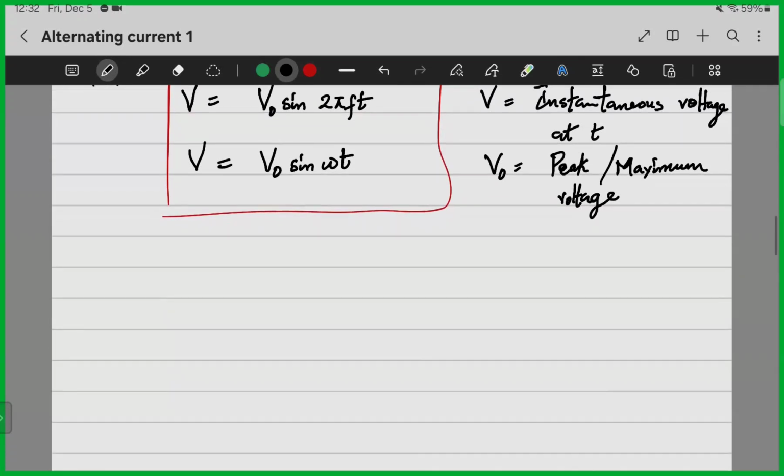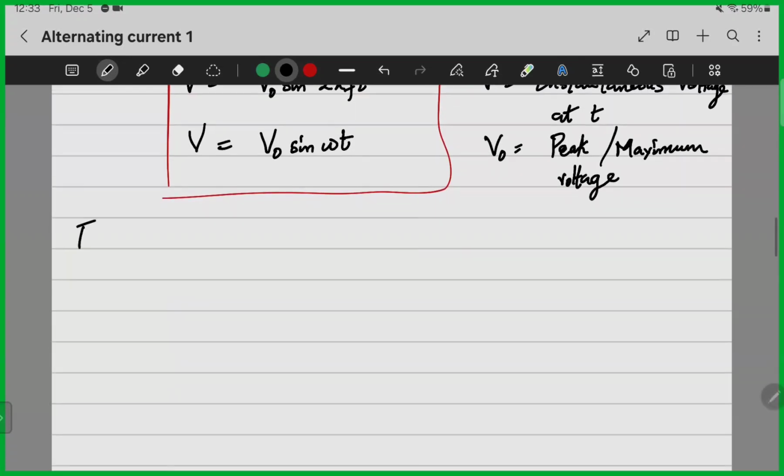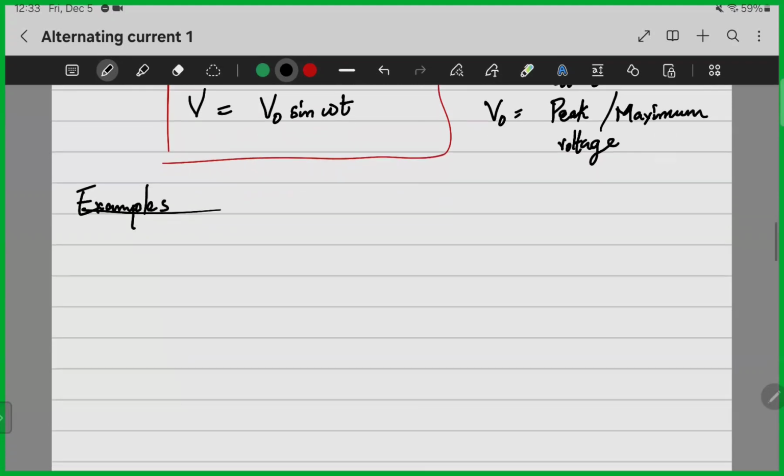So let's go straight to an example so we know what we're doing by utilization. Let's take this.